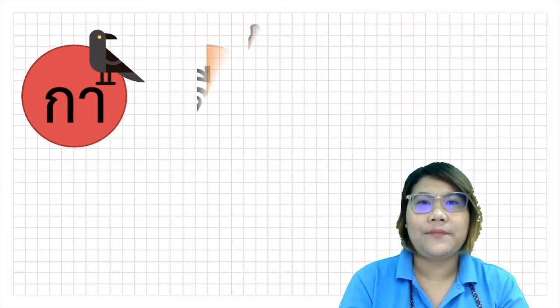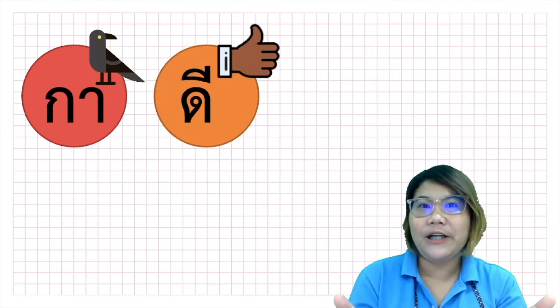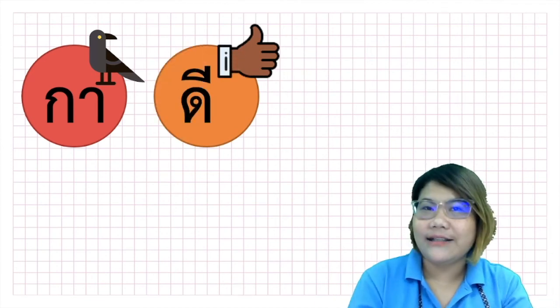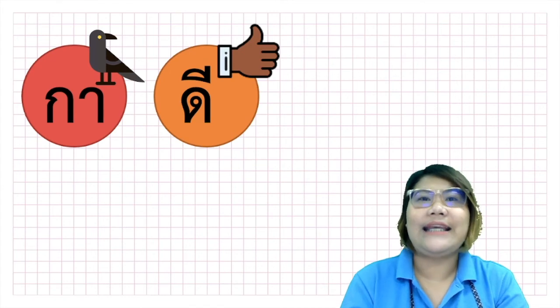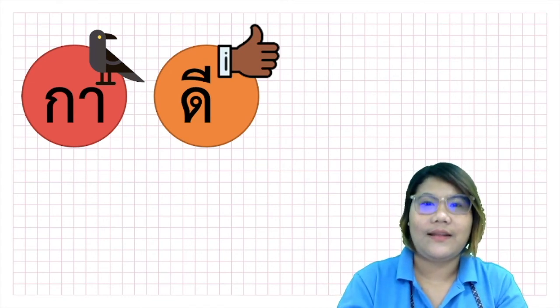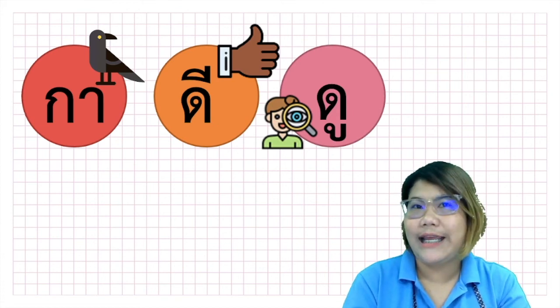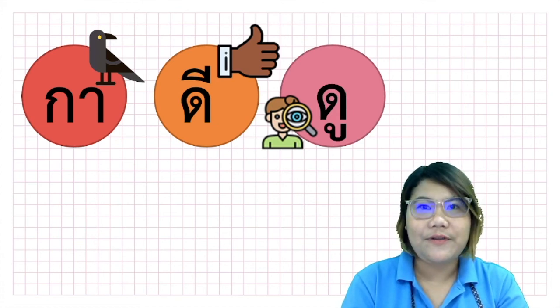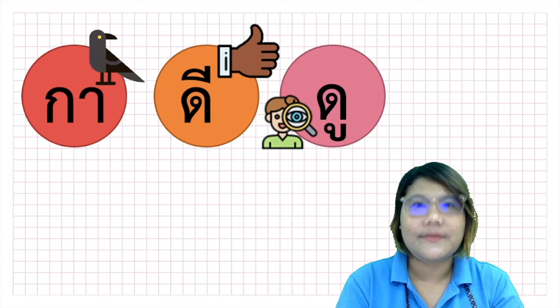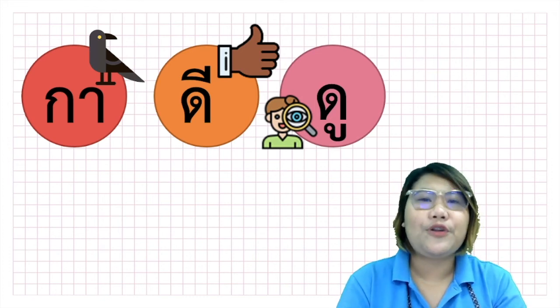The next one. Can you read this word? Good. D. And the next one. To look, to see, to watch. How to read this word? Yes, the word do.